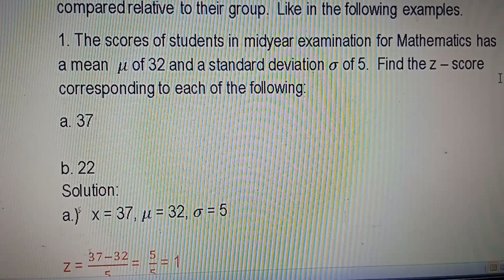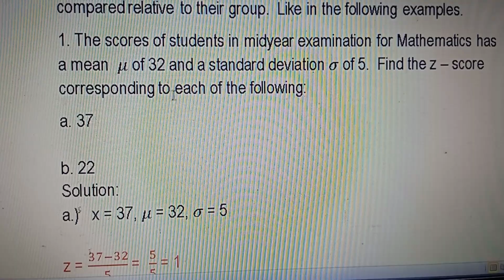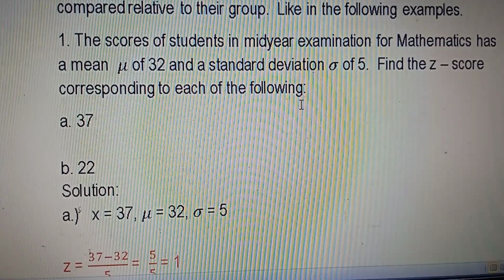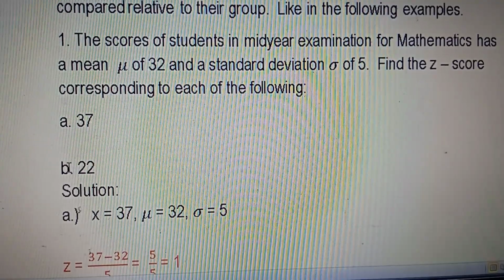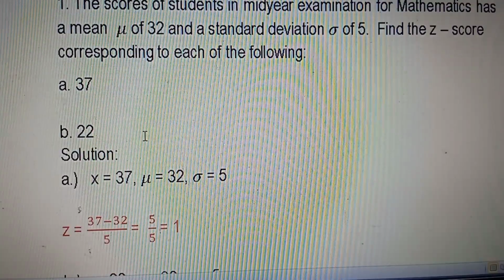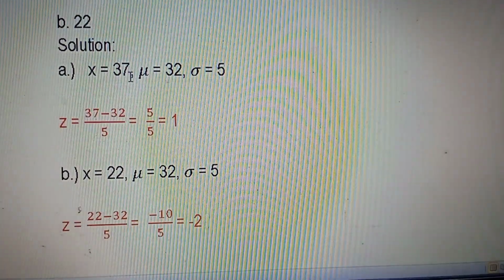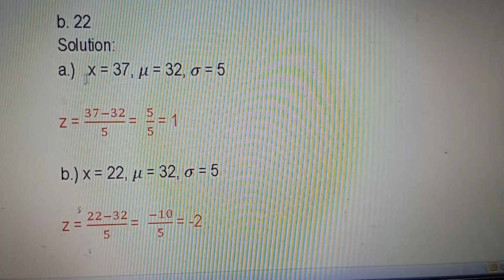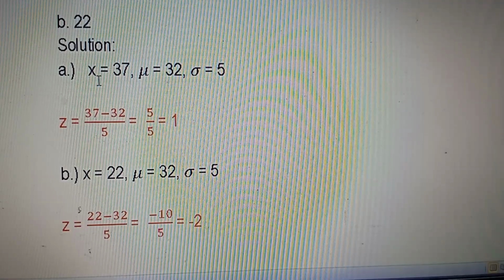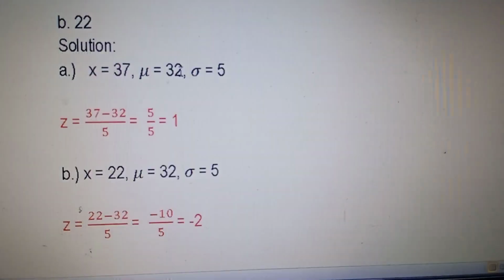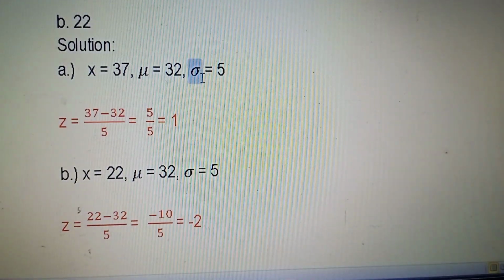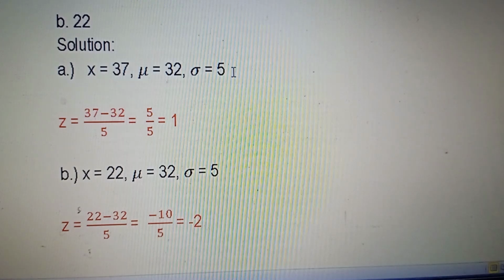Find the z-score corresponding to each of the following: letter A, 37, letter B, 22. Solution. We first lay out the given. x equals 37, mu equals 32, that is given in the problem, and sigma is 5.